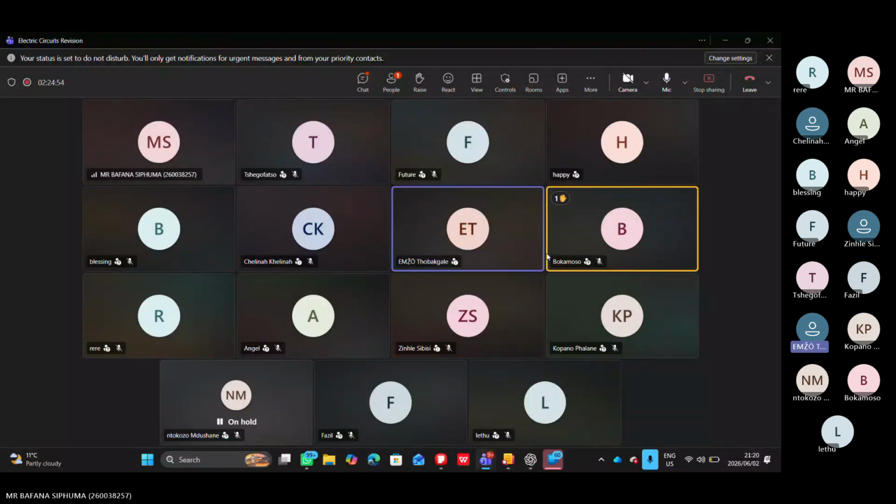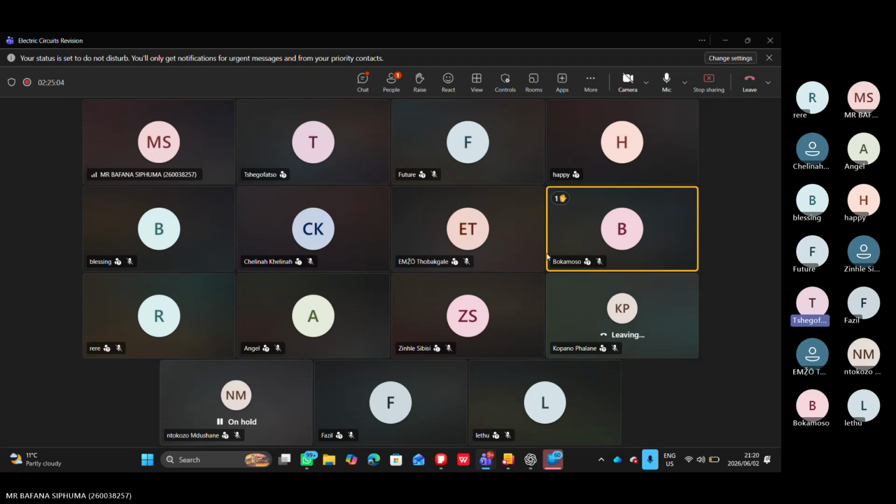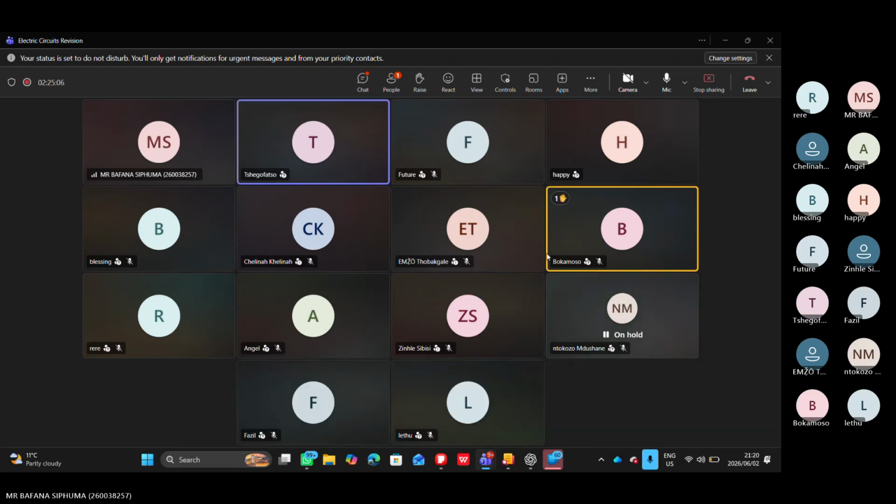Vertical projectile. Yeah, I know that one is a big problem. And what? Energy and power, work, energy and power. Okay, no problem. Then for grade 11, which topics?